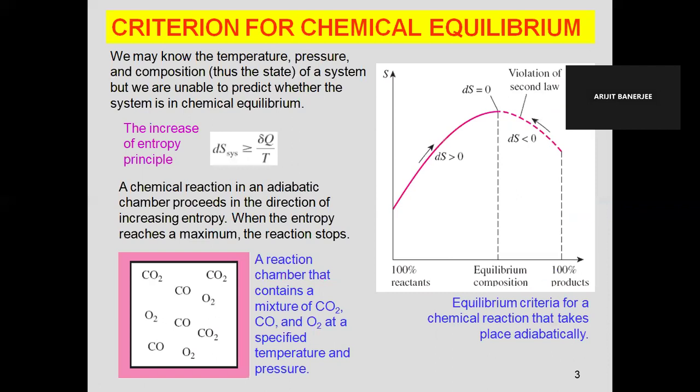And for the adiabatic situation, beyond this point, that is beyond this equilibrium composition, the process is not possible. That is due to violation of the second law that we have seen in the last class.